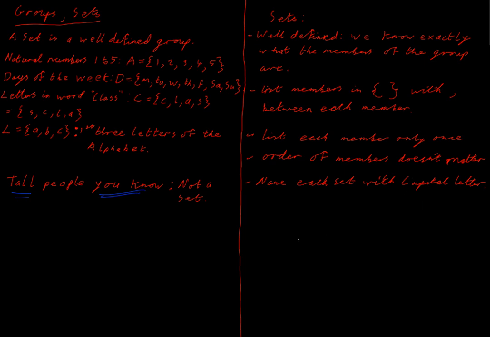So we're going to use a capital letter, just like we did. A, D, C, and L are all capital letters, and they're the names of our sets. So we now know how it is we're going to define sets, and how it is we're going to write out the members of our group, the elements of our set. And now we are all sorted that we can start to solve problems with our sets.